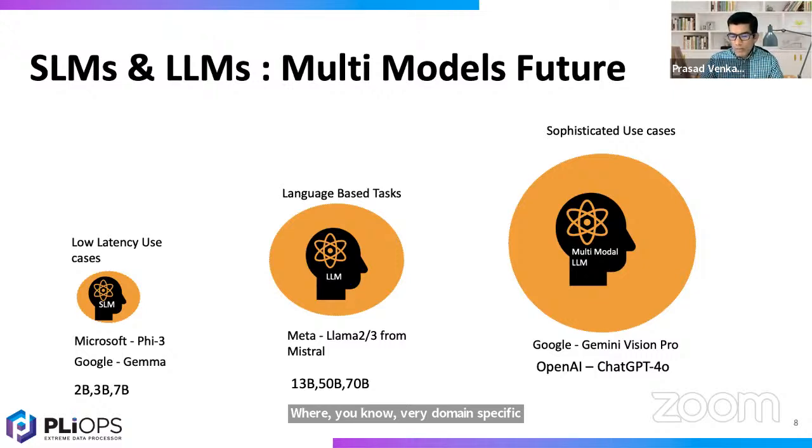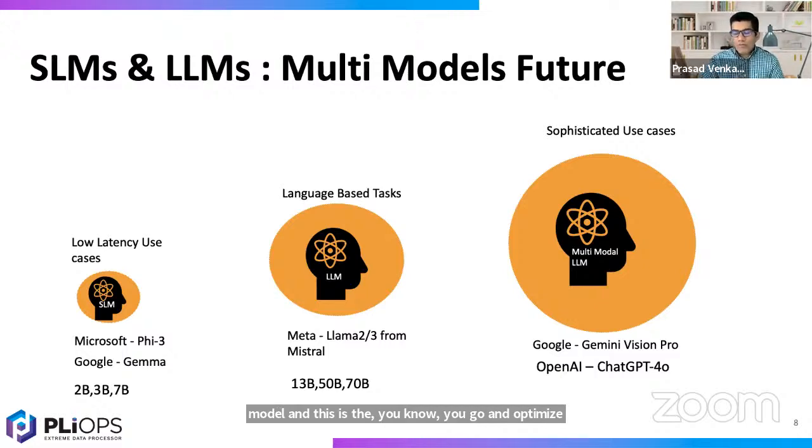So you can pick up the model from Llama, Mistral, even Google Gemma has an equivalent, I believe a 7 billion. So you pick up this model, and you go and optimize for the specific requirement.